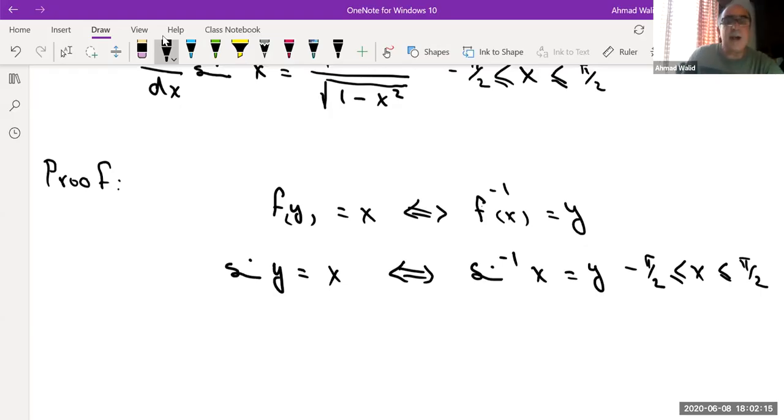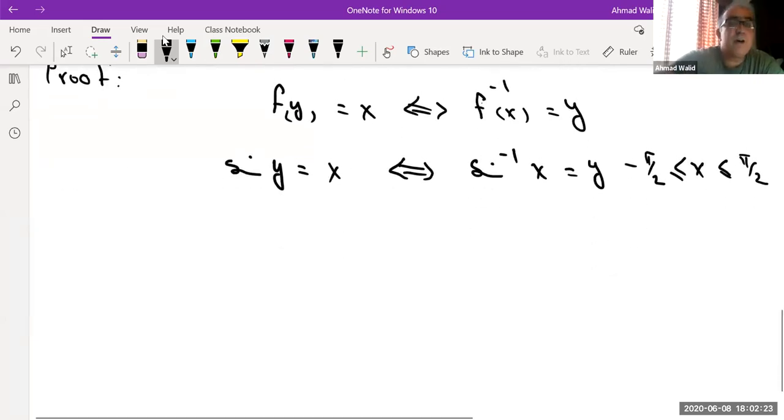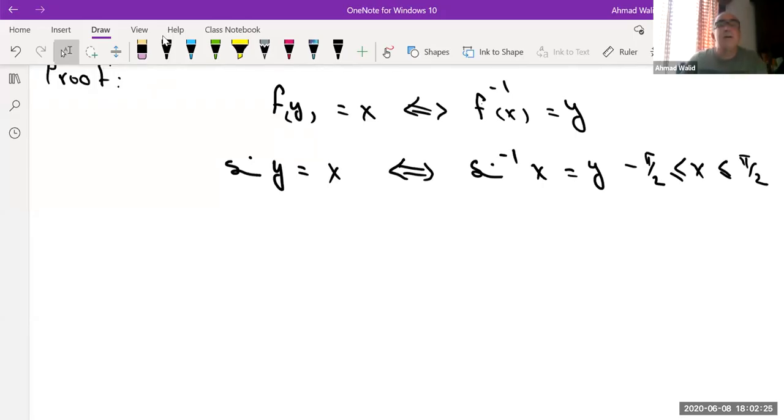To do the graph, I will start with sine y equal x, and I will show you the proof and find the derivative of sine inverse x for you, correct? Look, sine y equal x. Let's differentiate this function implicitly with respect to x.